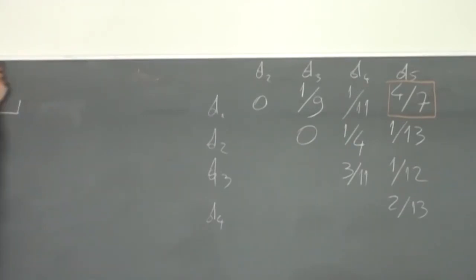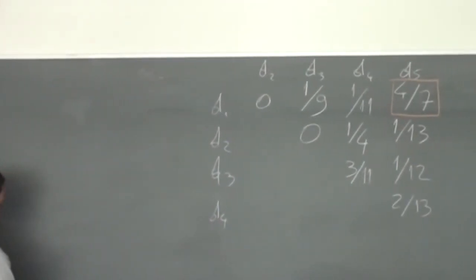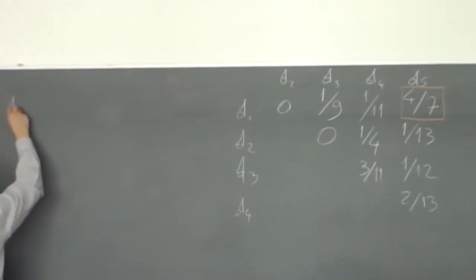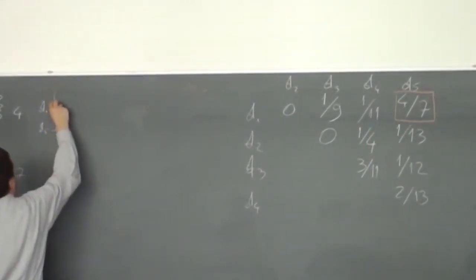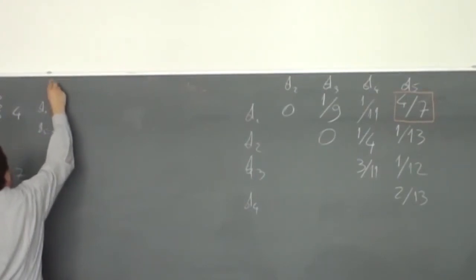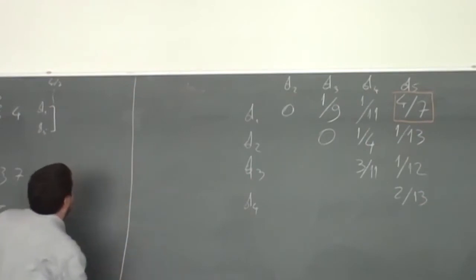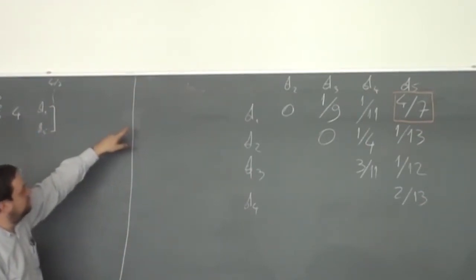Let's do it this way. So I'll just draw the dendrogram horizontally, so it will take less space.